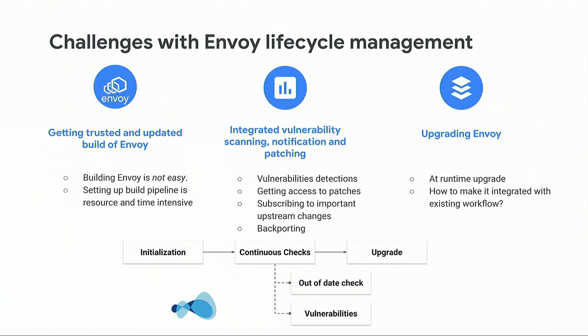So here at Tetrate, we have some tooling that does the initialization and does the continuous check in your infrastructure. And we do the vulnerability check out of the box, and so on and so forth. And we also offer how to upgrade that. So here, this is Get Envoy.